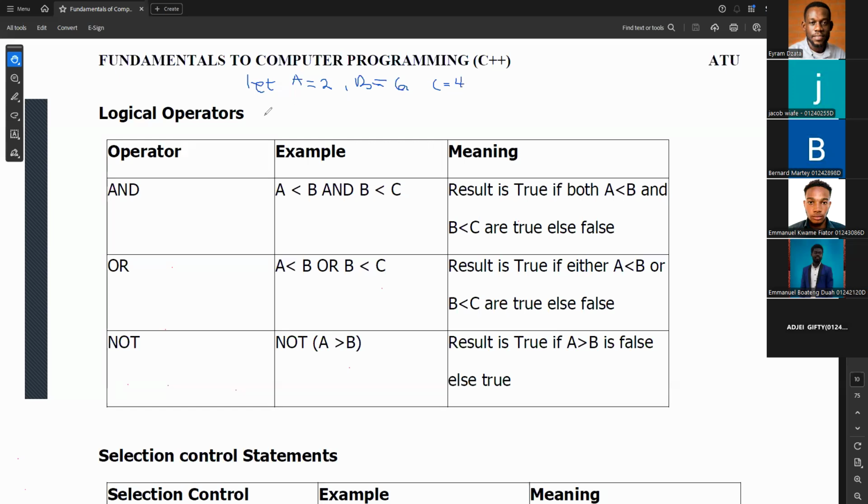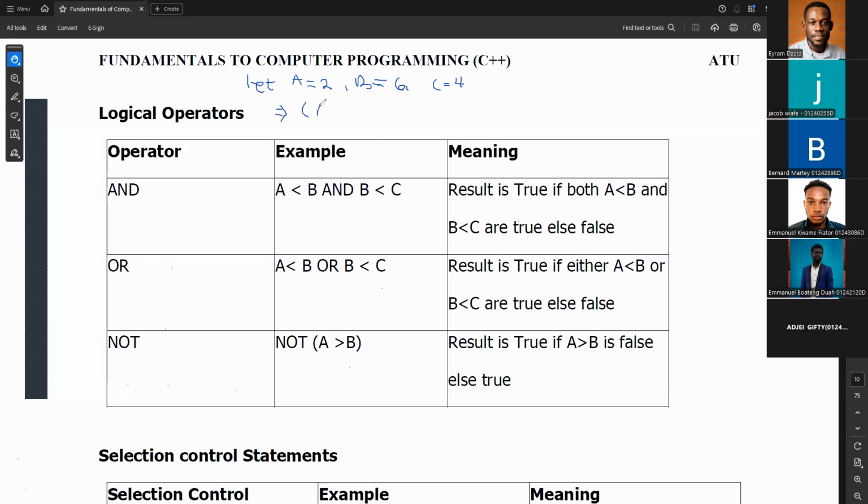Like I said, the logical operators are used to group two or more expressions with relational operators. So the first two examples we see here are using the less than. That doesn't mean it's always that case. Okay. So let me give you this scenario.